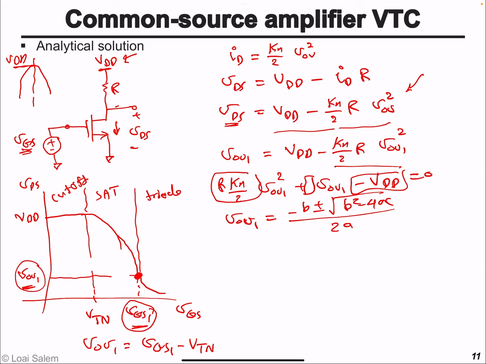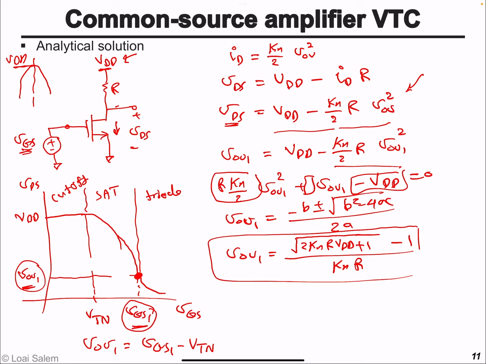And if we do the math, we'll find that V overdrive 1 is basically equal to the square root of 2 Kn times the resistor R times VDD plus 1, and then minus 1, divided by Kn times the resistor R. Okay, and from here we can find the value of VGS1 by adding VTN to this value.